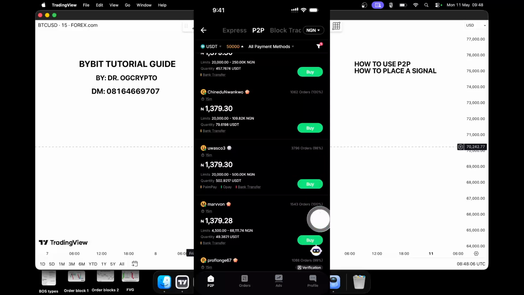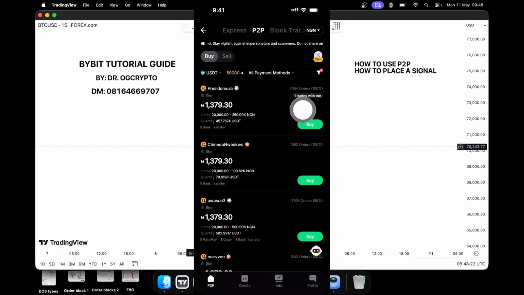This person also has a 100% win rate, but he has only traded 1,543 orders. But this one has done 3,700, so he has done more orders before it dropped to 98%. And since I already see someone that did 7,054 orders, and it's still at 100%.